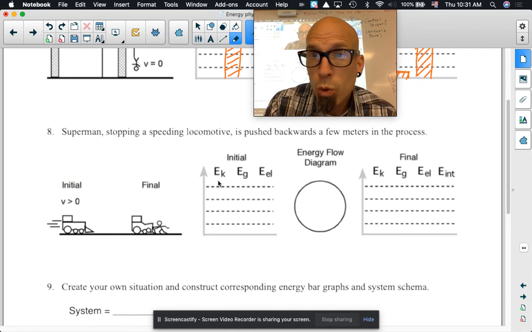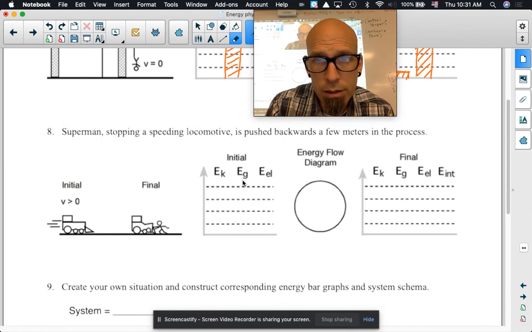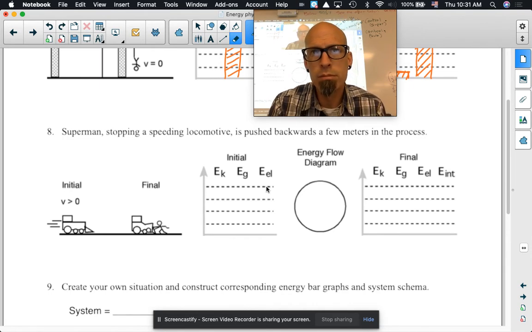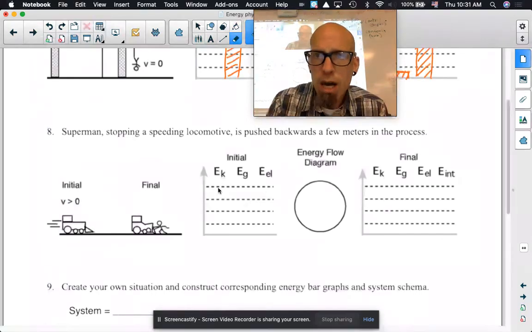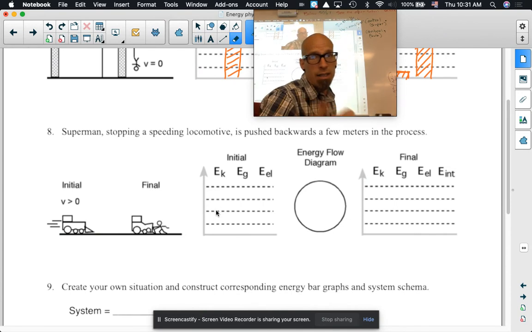So do we have motion? Yes, we have kinetic. Do we have height for the locomotive? No. Do we have elastic energy? No, this is not a spring. This is probably a coal burning or a diesel burning locomotive. So we have kinetic. Seems like a fair amount, so I'll just max it out with 4.